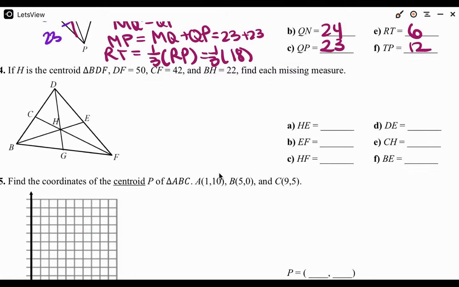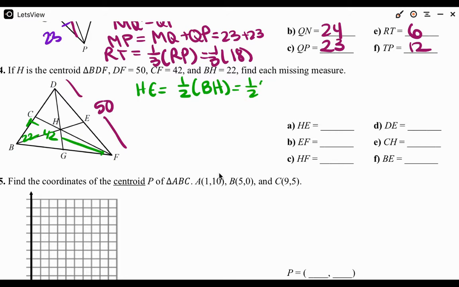Okay, next one, H is the centroid. So we know that our properties apply. So DF is 50. CF is 42. And BH is 22. So HE is equal to half of BH.